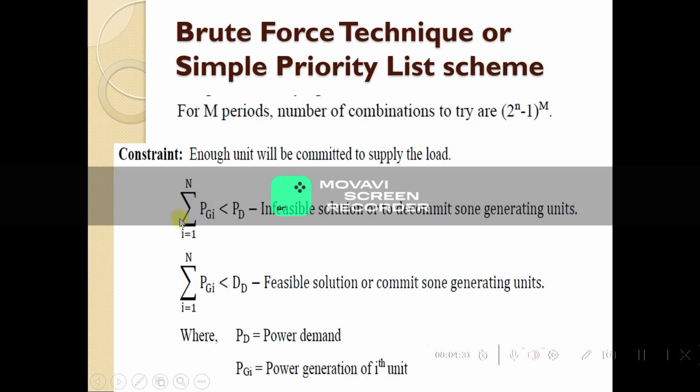Summation i equal to 1 to n of PGi less than PD is an infeasible solution, so decommit the generating units. Summation of PGi greater than PD means a feasible solution, or commit generating units. So PD means power demand and PG means power generation of the ith unit.